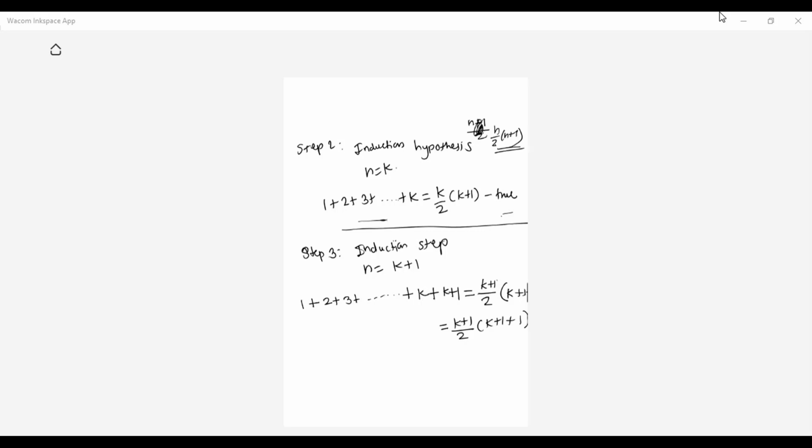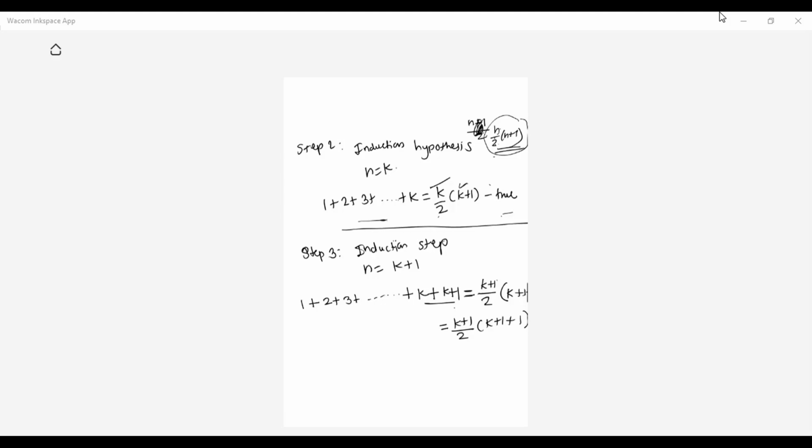So up to k we had, and we are moving it to k plus 1. That's why we have written k plus 1, which is equal to, now the RHS we are having n by 2 into n plus 1 in our original equation. So this n we will be replacing with k plus 1. Previously this n was replaced with k, giving k by 2 into k plus 1.